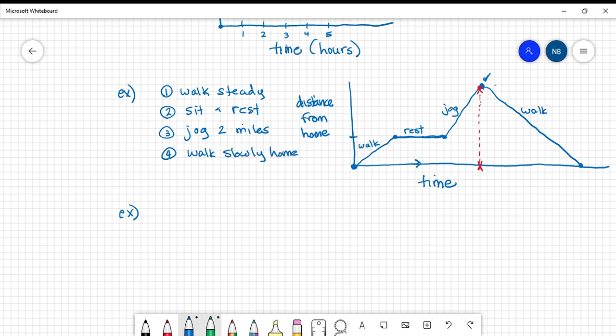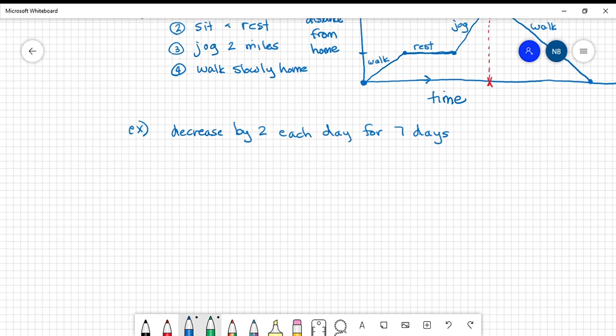Okay, last example. The number of visitors to the town park decreases by 2 each day for 7 days. If it's decreasing by 2 each day for 7 days, that means we must start out at time 0 with a bunch of people.